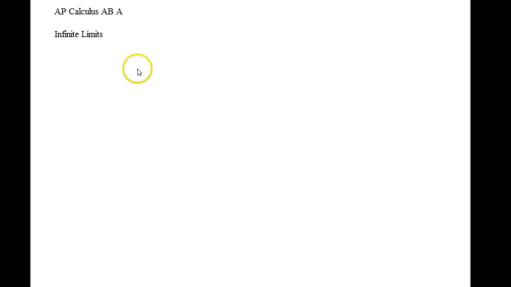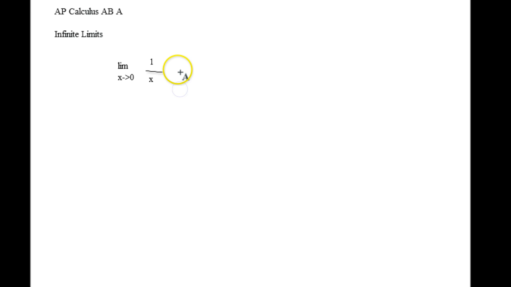So the best way to do this is to work with the actual graph. Let's take a look at one. Let me do the limit as x approaches 0 of the function 1 over x.